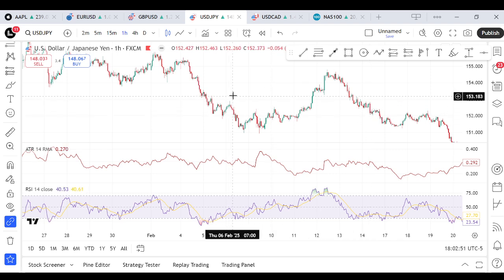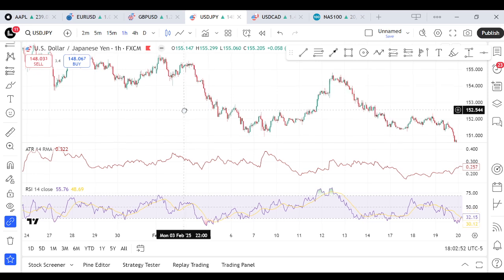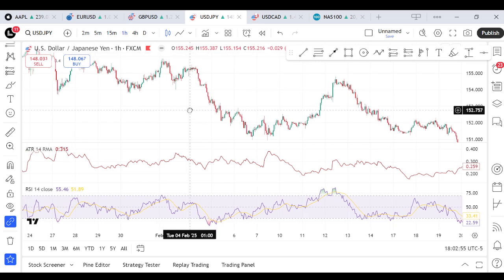First, let's understand the concept of ATR and RSI. Let's understand these indicators and what they are made of. The average true range, ATR, and relative strength index are two widely used indicators in trading. Each serves a unique purpose. ATR measures market volatility, showing how much price fluctuates on average over a given period.